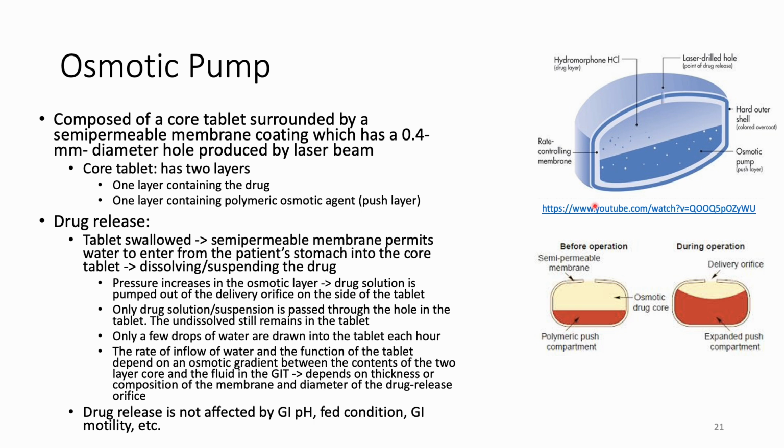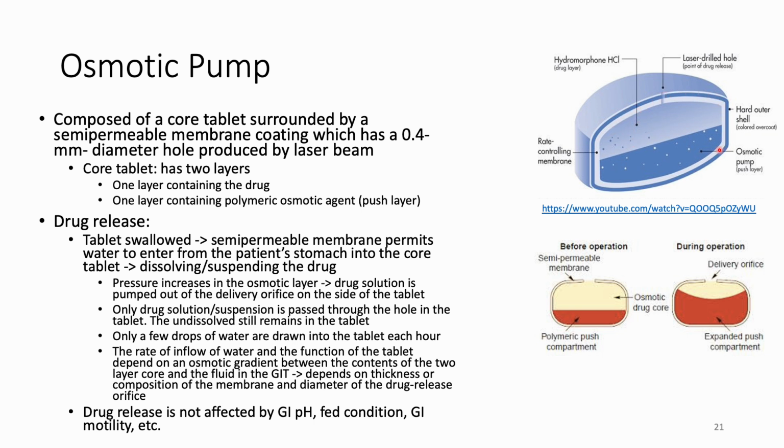When the tablet is swallowed and goes to the GI tract, with the influence of the body fluids, the semi-permeable membrane will allow the water to enter from the patient's stomach into the core tablet.